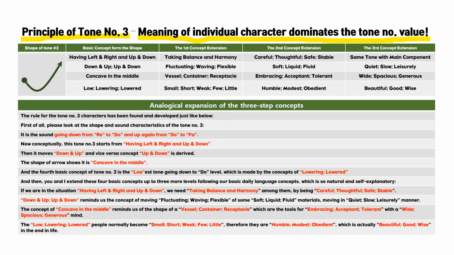We have derived from the shape of tone number 3 four major concepts: having left and right, up and down, and concave in the middle, low, lowering, lowered. These are the main four concepts.